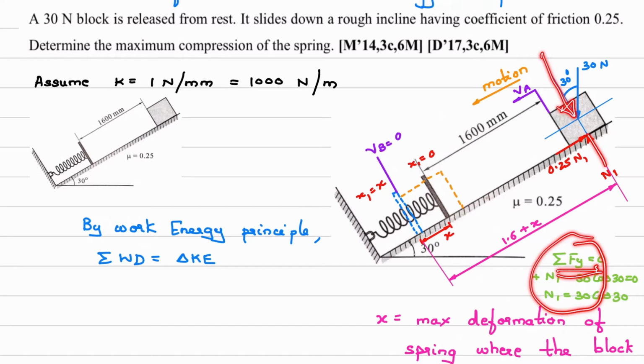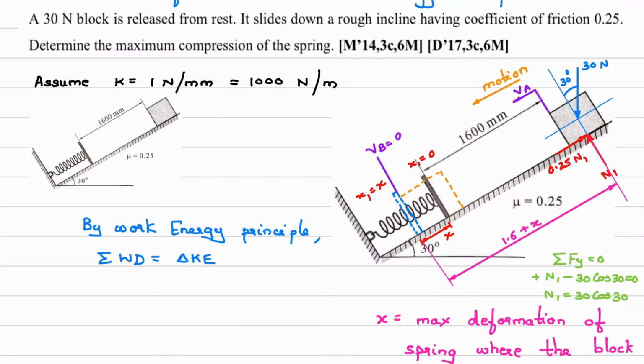So N1, it is in upward direction, and weight component will be minus 30 cos 30. This is equal to 0. So we can calculate value of N1. What is N1? 30 cos 30. So what will be friction force? F1 will be 0.25 into N1, and N1 is 30 cos 30.